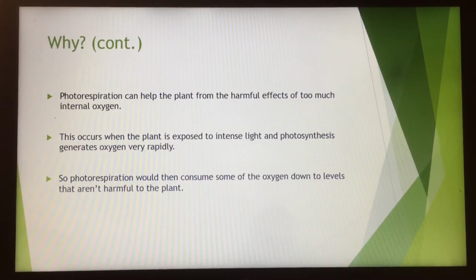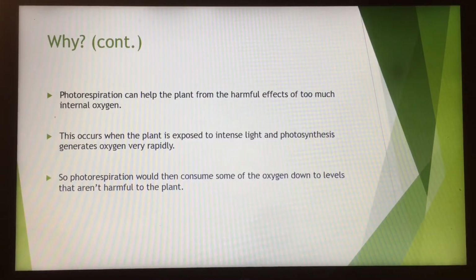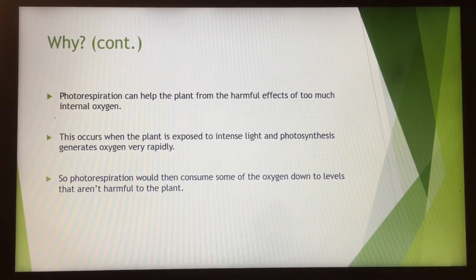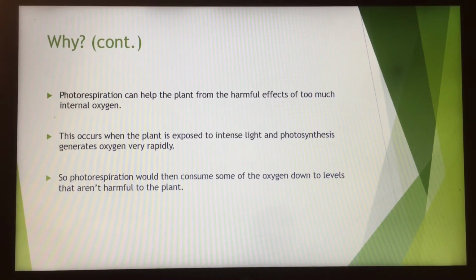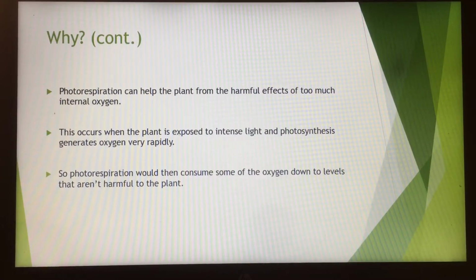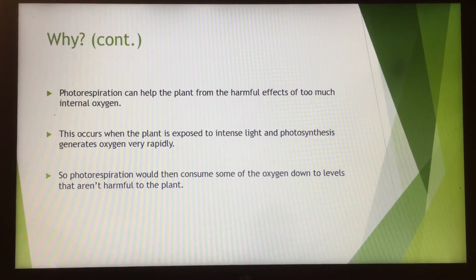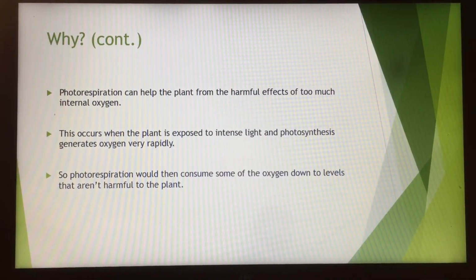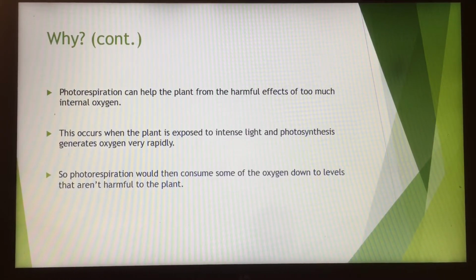And then also, photorespiration can help protect the plant from the harmful effects of too much internal oxygen. This occurs when the plant is exposed to intense light, and photosynthesis generates oxygen very rapidly. So photorespiration will then consume some of the oxygen down to levels that aren't harmful to the plant.